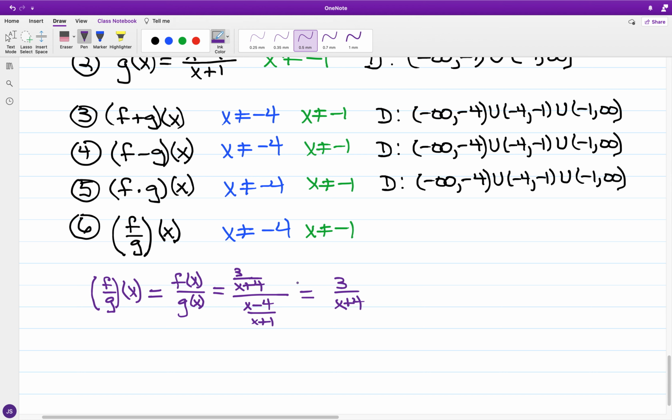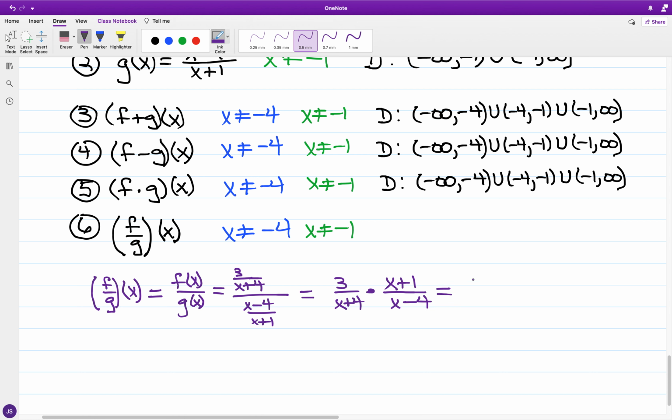So I have 3 over x plus 4 over x minus 4 over x plus 1. There's a rule of thumb that if I divide by a fraction, it's the same as multiplying by that fraction's reciprocal. So I'm now going to have 3 over x plus 4 times, flipping the bottom fraction, x plus 1 all over x minus 4.